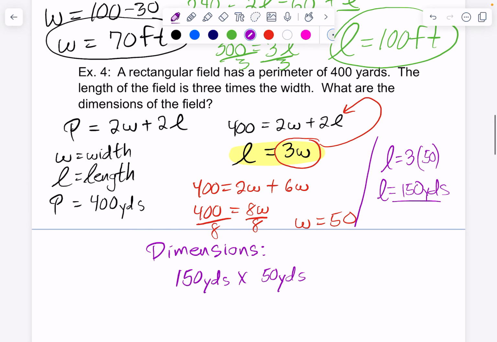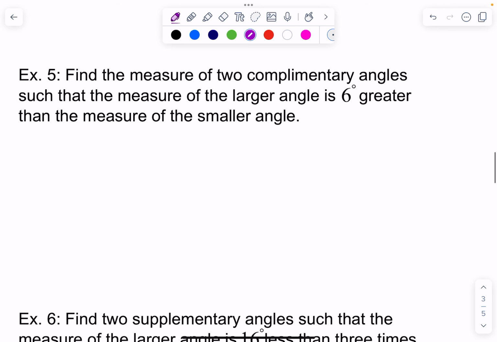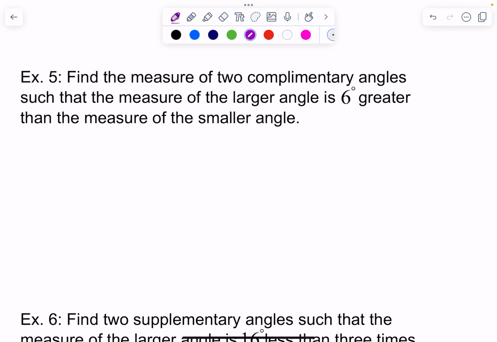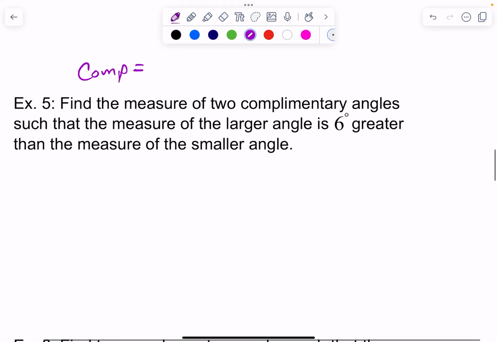All right, let's go. Okay, some more in geometry. Talk about complementary angles. Complementary angles are angles that add up to equal 90 degrees. Okay?